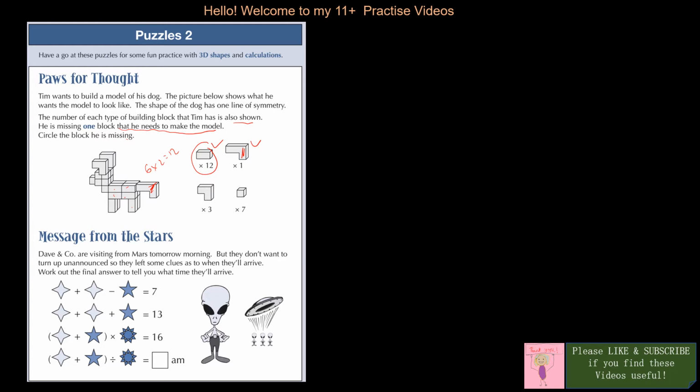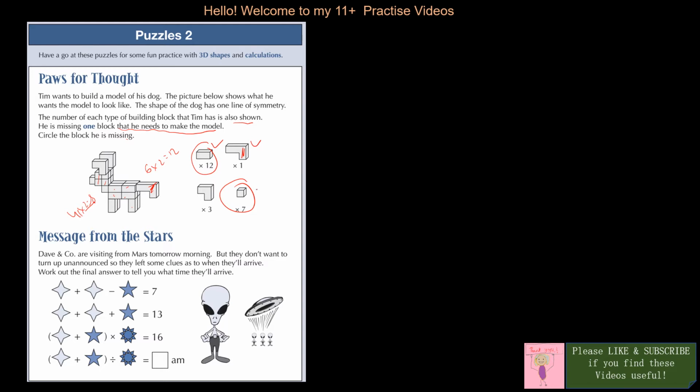Then we have to move on to the face. So this is 1, 2, 3, 4, and 4 times 2 is 8. So there are 7. He needs 8 of these blocks to do the face, 8 cubes.